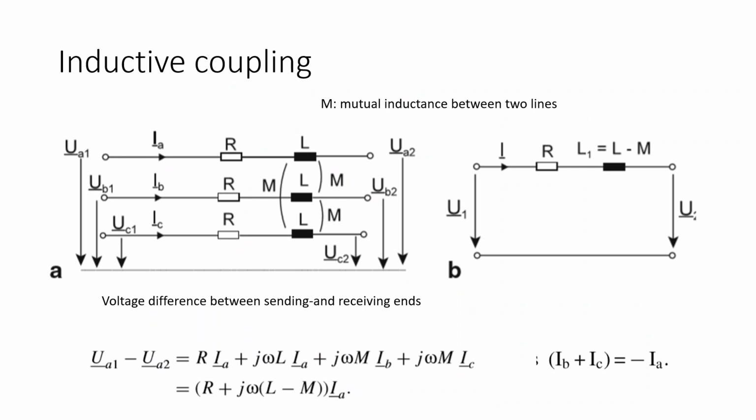You can see that if there is a coupling between the lines, when the current is flowing into the line, there is a magnetic field surrounding the line.